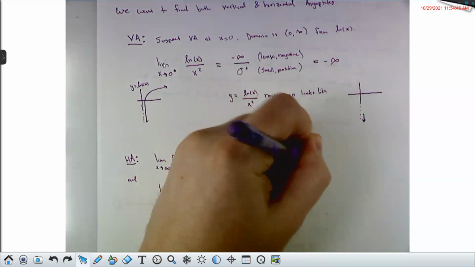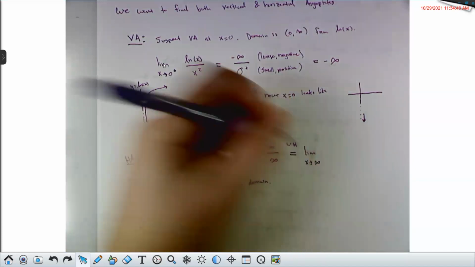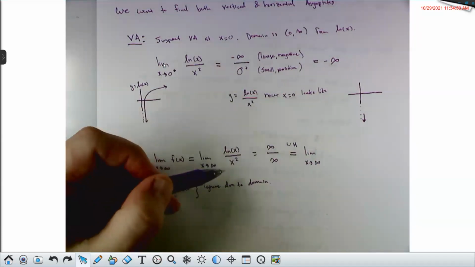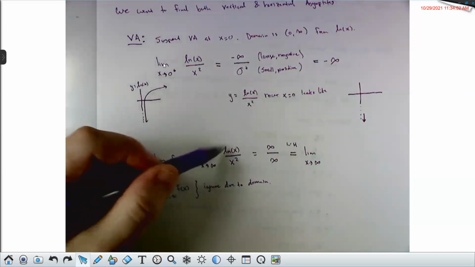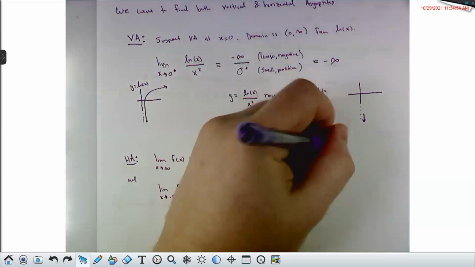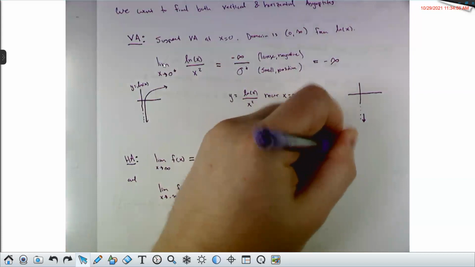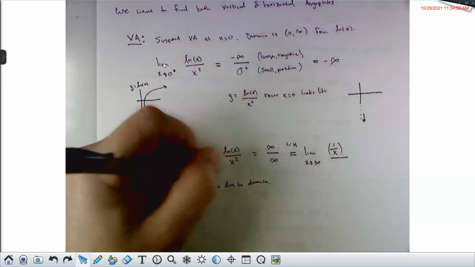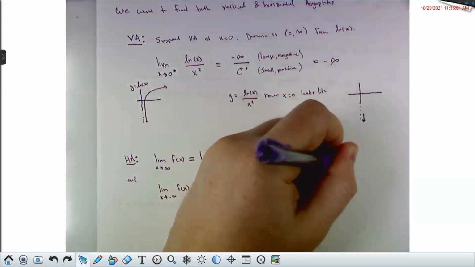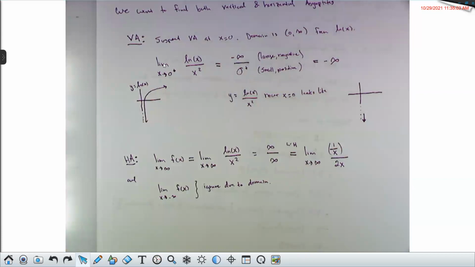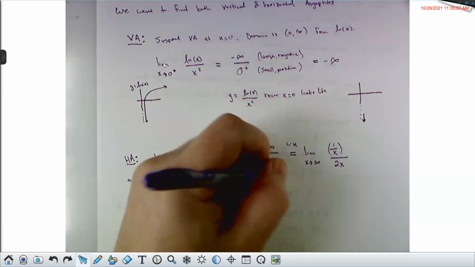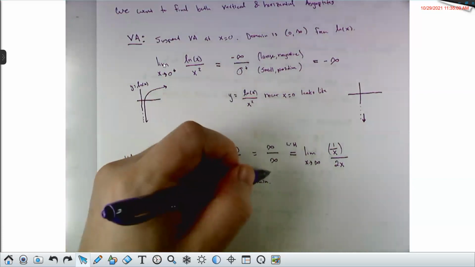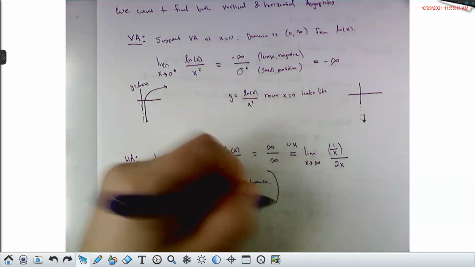And L'Hopital's rule says, differentiate the top and differentiate the bottom, and then try to take your limit again. So the derivative of ln x is 1 over x. The derivative of x squared is 2x.